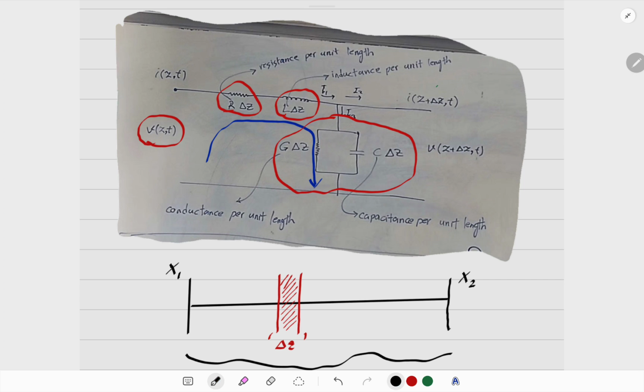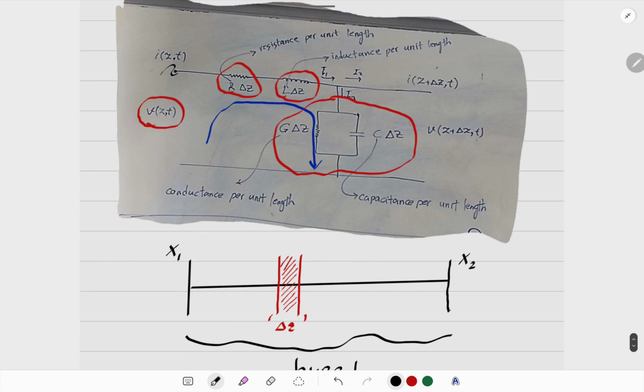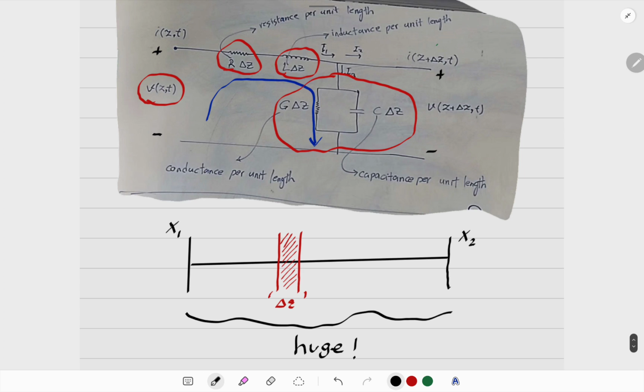The signs can be approached like this, minus to the plus. So when we follow the blue line, we see minus V(z,t).